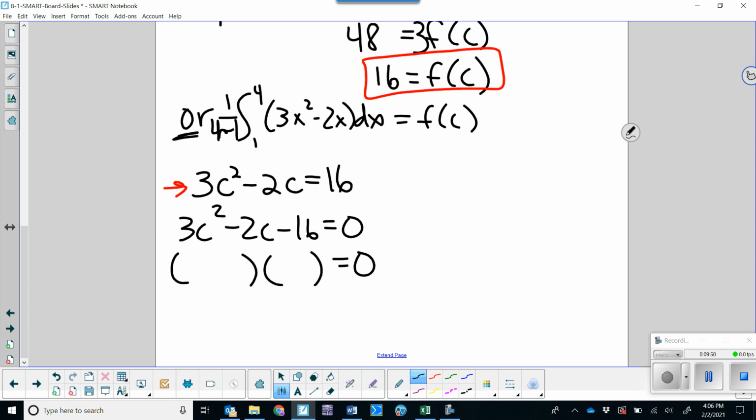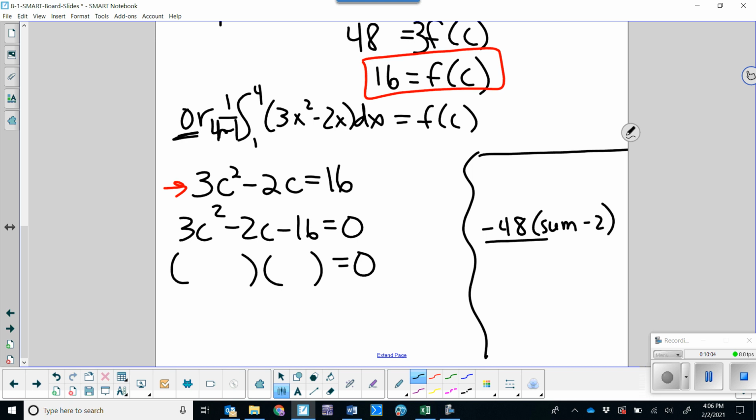We're going to need factors of 3 times negative 16, which is negative 48. This is my scratch area over on the right. And I need the sum to be negative 2. So I can figure that out pretty quick. It's going to be 6 times 8, and the 8 will be the negative. But if you need to, you write out all the factors until you figure it out.